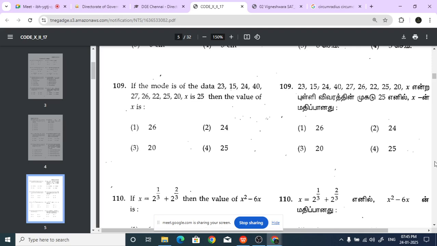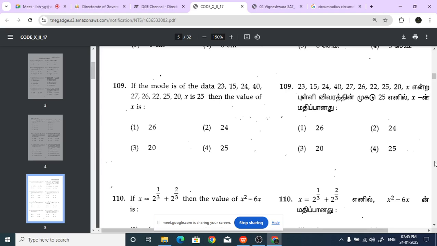So what is the answer, Sabari? Mode means what? What do we mean by mode in the observation? The number which repeats maximum times, isn't it? Yes, sir.